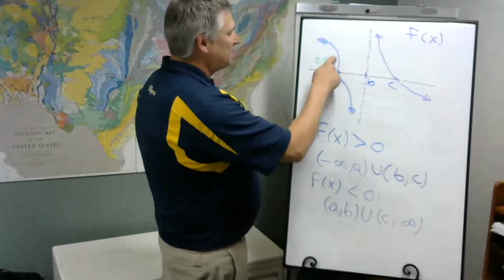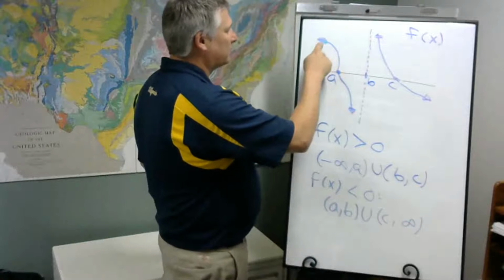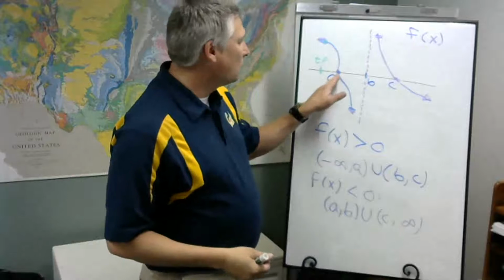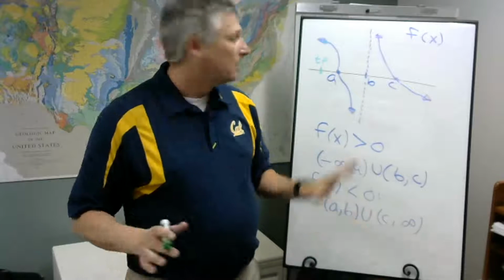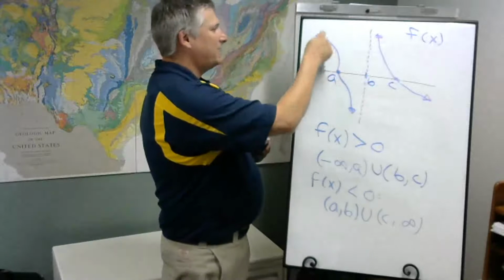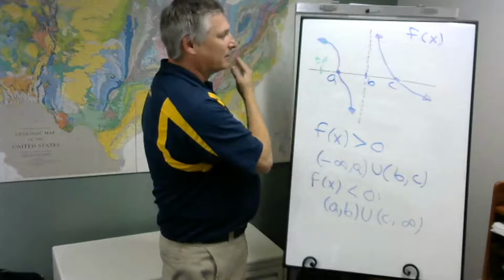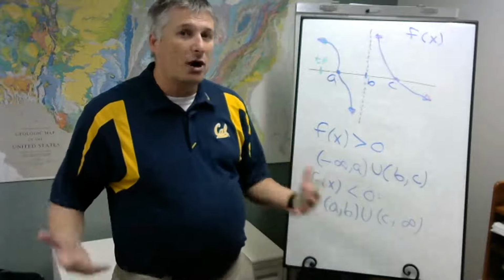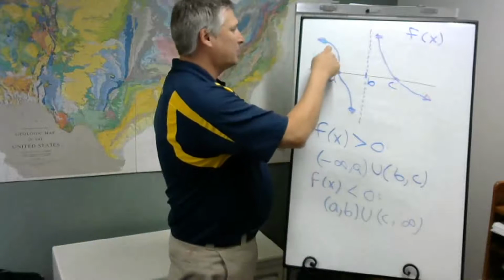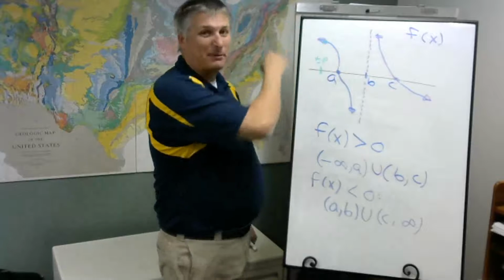Because this part of the curve will never cross the x-axis again, and we're assuming these are the only x-intercepts, there's not going to be an x-intercept out here where our curve can cross over or pass through. So if these points are up here, they're going to stay up here.